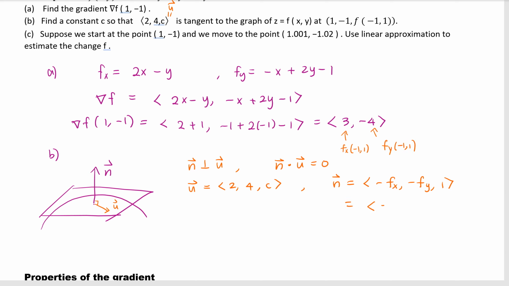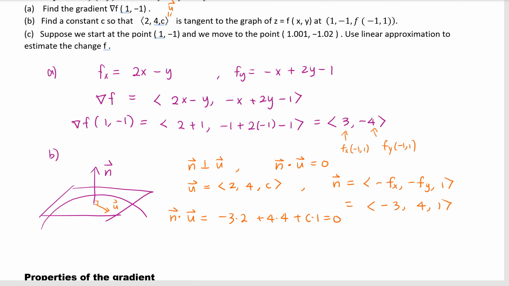So the n is (-3, 4), and then this is 1. So the dot product n dot u equals -3 times 2, 4 times 4, and c times 1.